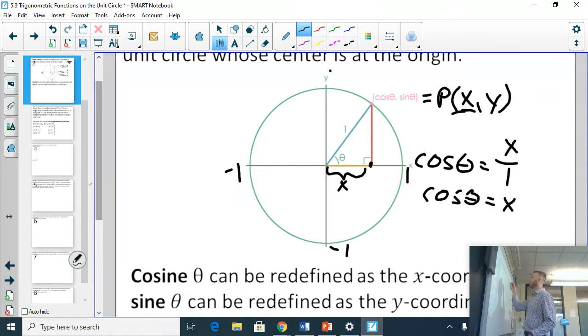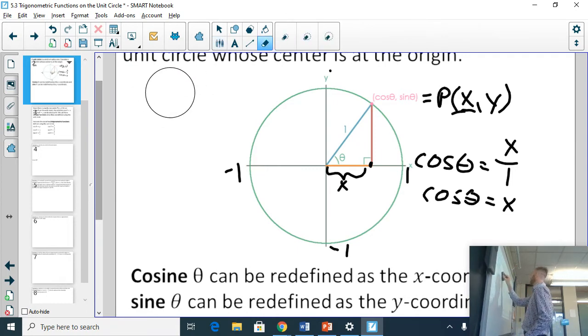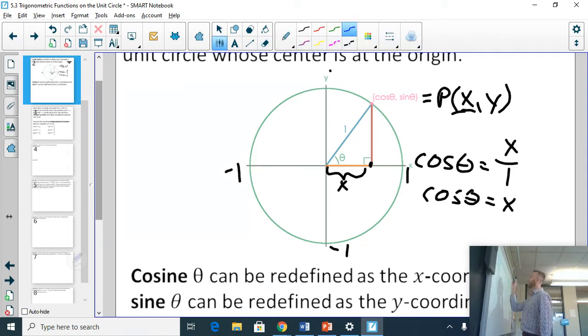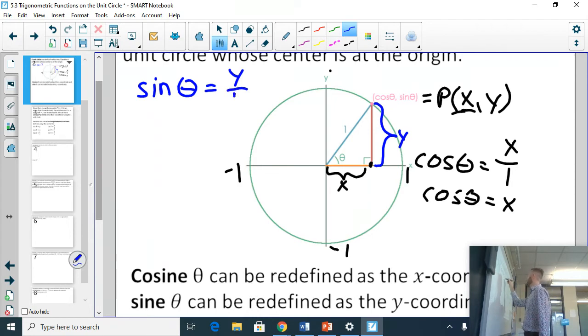So if we take sine of theta, I'll do it in a different color. What is sine? SOHCAHTOA, that is opposite over hypotenuse. Well, what's opposite? Opposite is this y value to this point. So that would be y, and the hypotenuse is still, because we have a radius 1 circle, just 1.